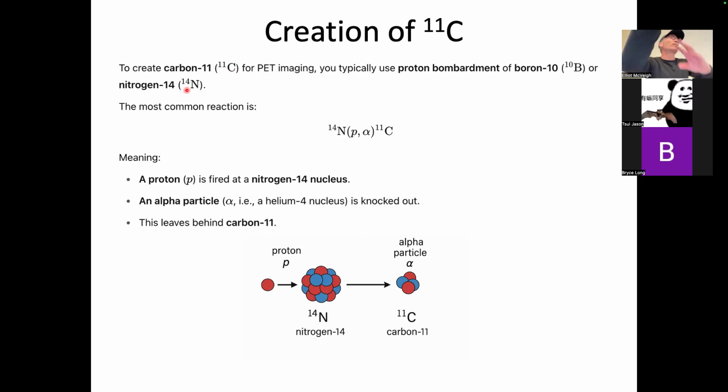Then you fire the protons through that gas at a very high energy, such that when the proton interacts with the nitrogen-14, it comes in, hits the nitrogen-14, knocks an alpha particle out, which is a helium atom, and leaves behind carbon-11.